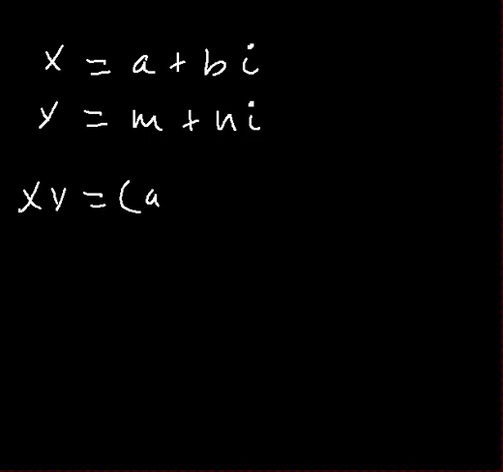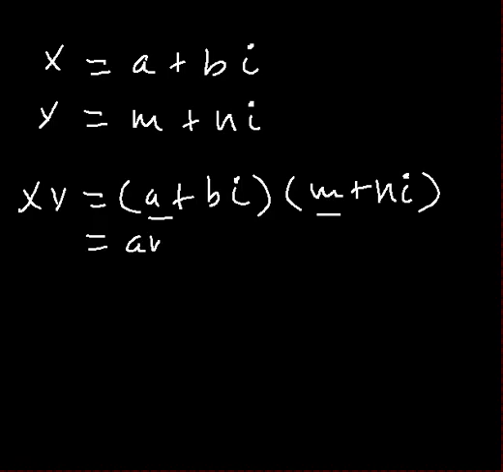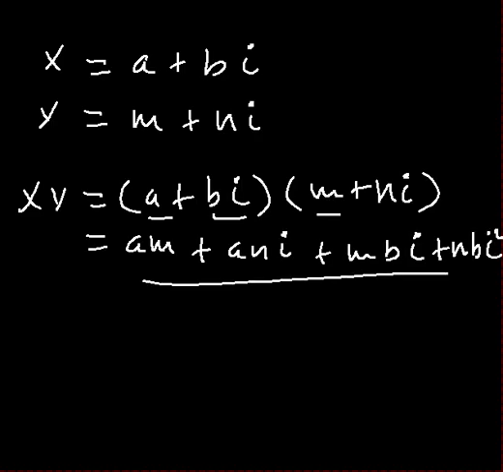This is the same as a plus bi times m plus ni, which is the same as m times a, that is am, and also a times ni, that is ani, and bi times m, that is mbi, and thus nbi squared. So that's how we should understand the multiplication of complex numbers.